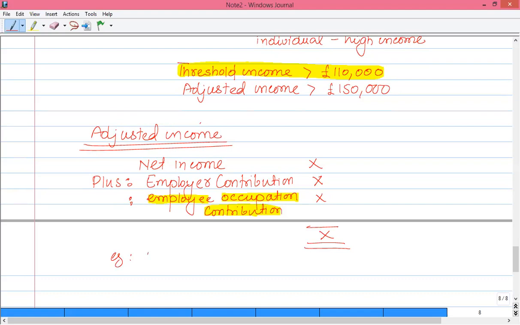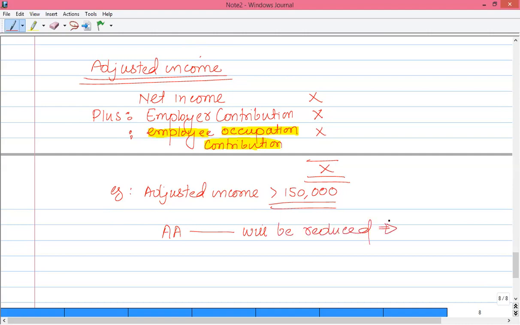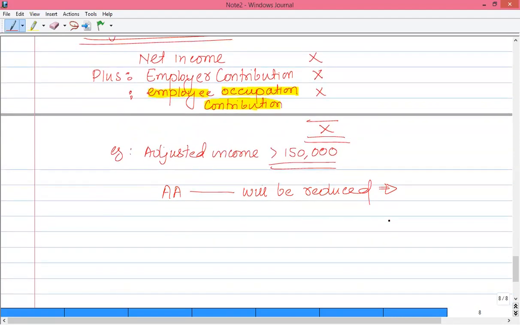For example, let's assume that the adjusted income is greater than 150,000. Then your annual allowance will be reduced, and the working is similar to the working of personal allowances. You have to consider the adjusted income. Let me take an example.